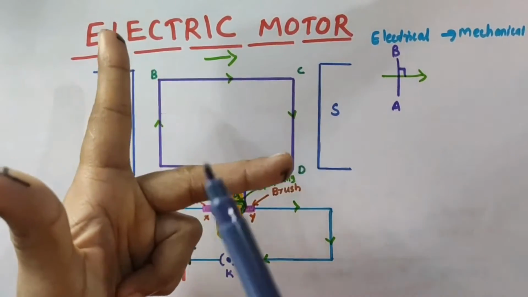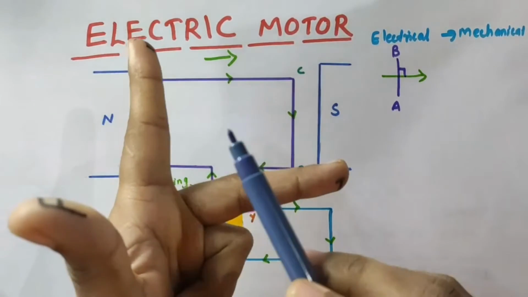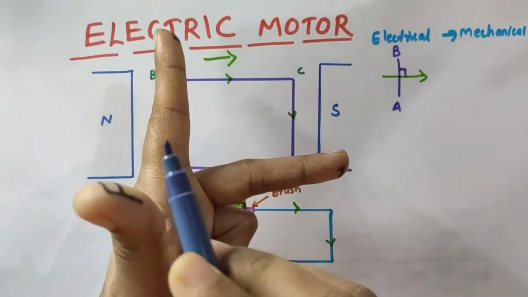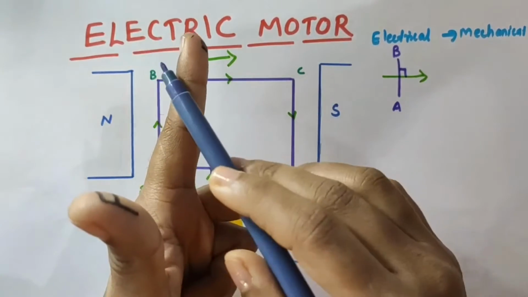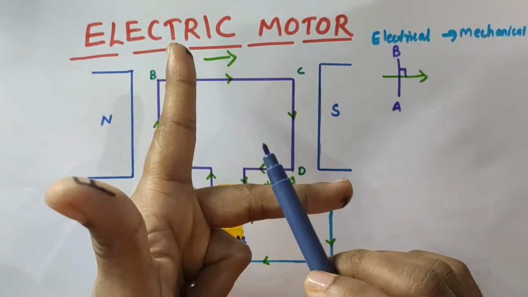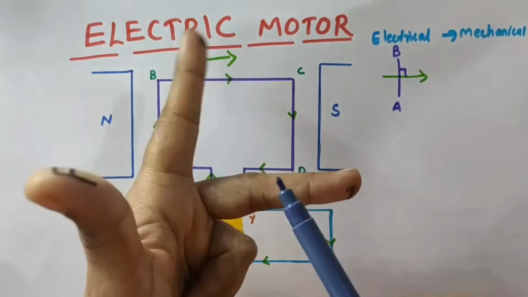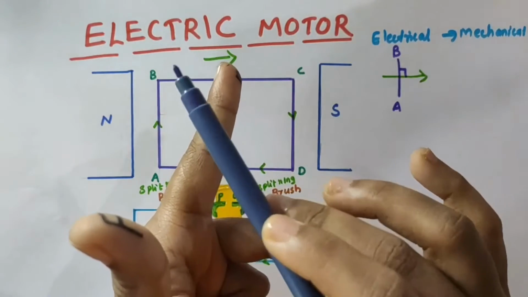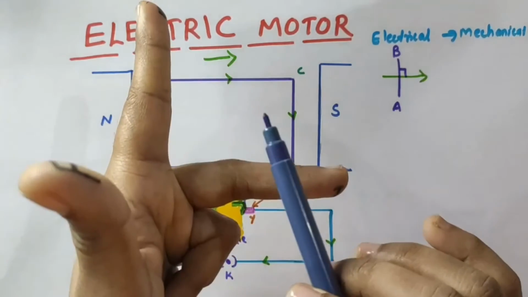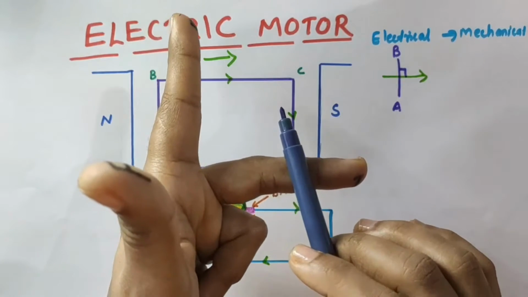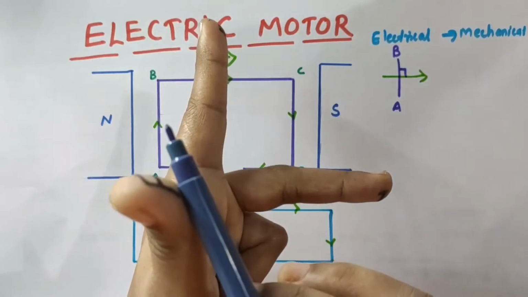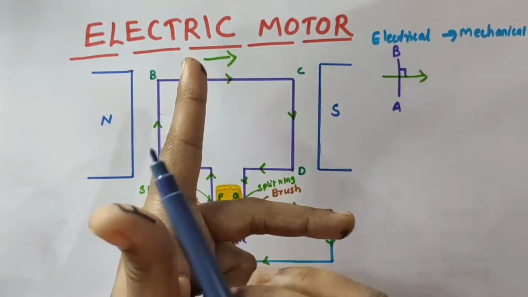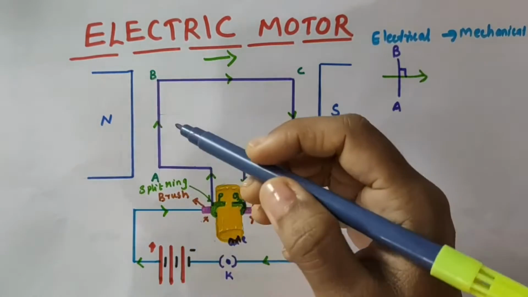To apply this rule, we stretch three fingers of the left hand, and you remember what the things are there. The thumb is F, force, the forefinger is the magnetic field direction, the middle finger is the direction of the current, and the thumb will be pointing to the direction of the force. That is what Fleming's left hand rule says.